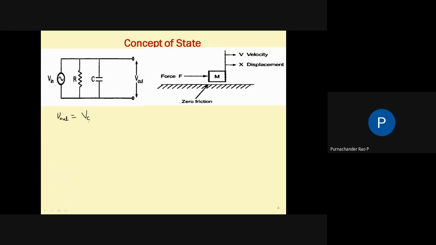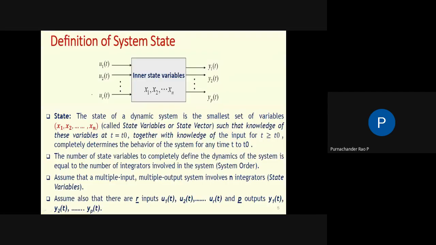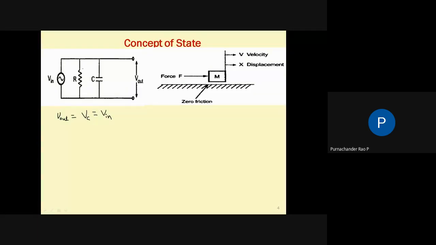Normally we can call it V input, because all the elements are connected in series, and therefore the input voltage will be available across the capacitor. But some initial voltage may also be present in the capacitor, and that voltage has to be taken into consideration.